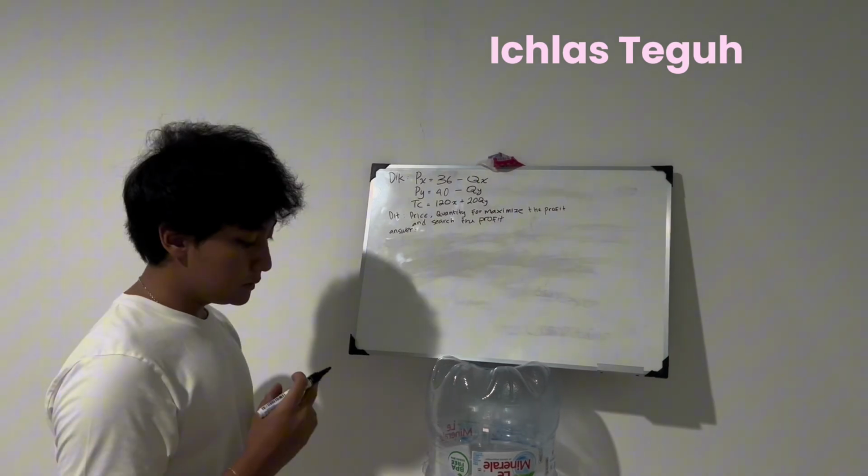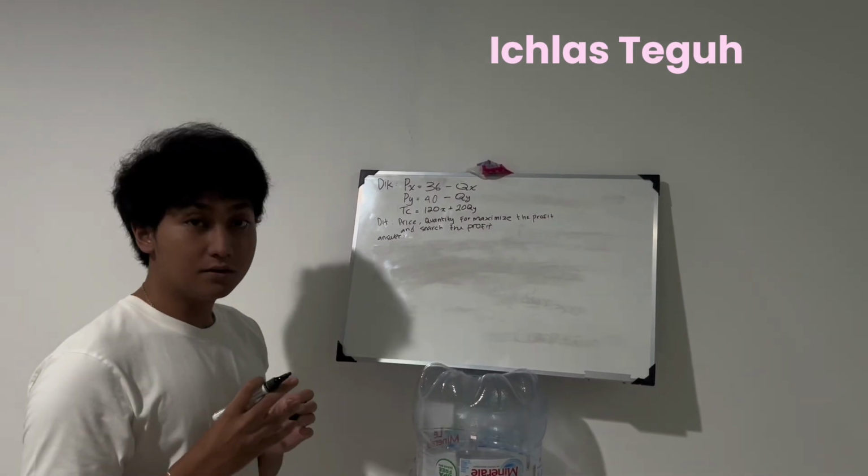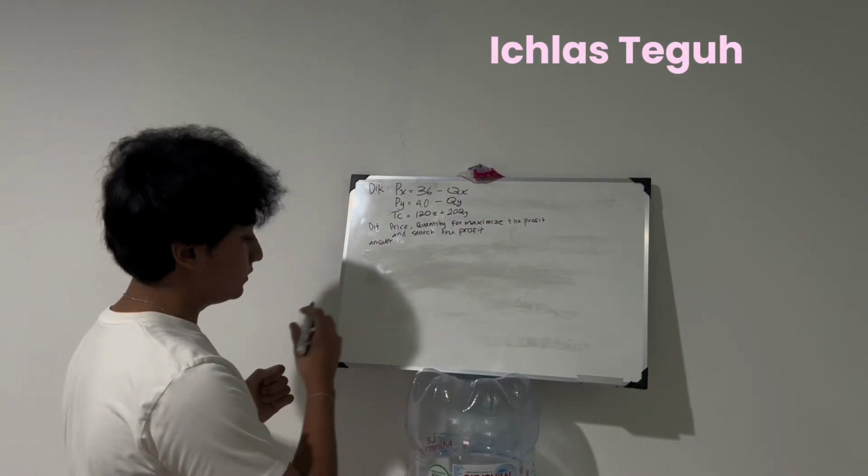First, we multiply the price by quantity for each good to get total revenue.